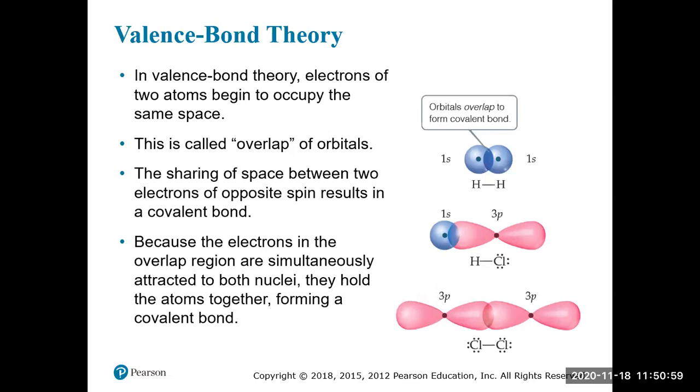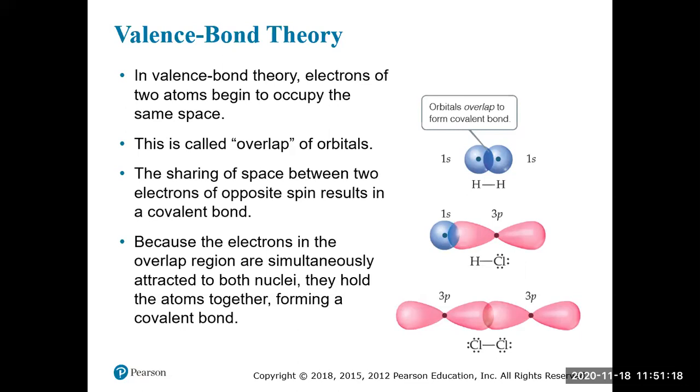So we have a couple examples here. The first one is two hydrogen atoms forming H2. In that case, you have a 1s electron from each, and we have this overlap area, and that's where we form that covalent bond.